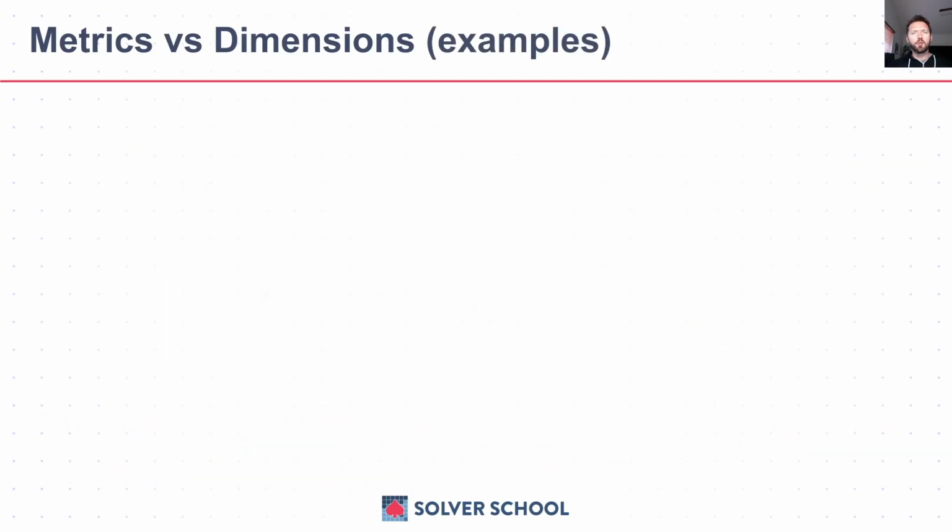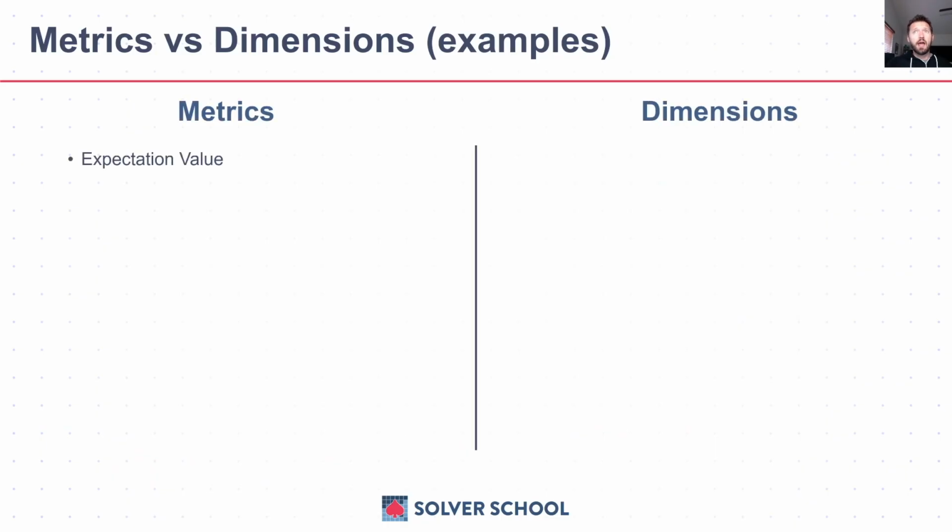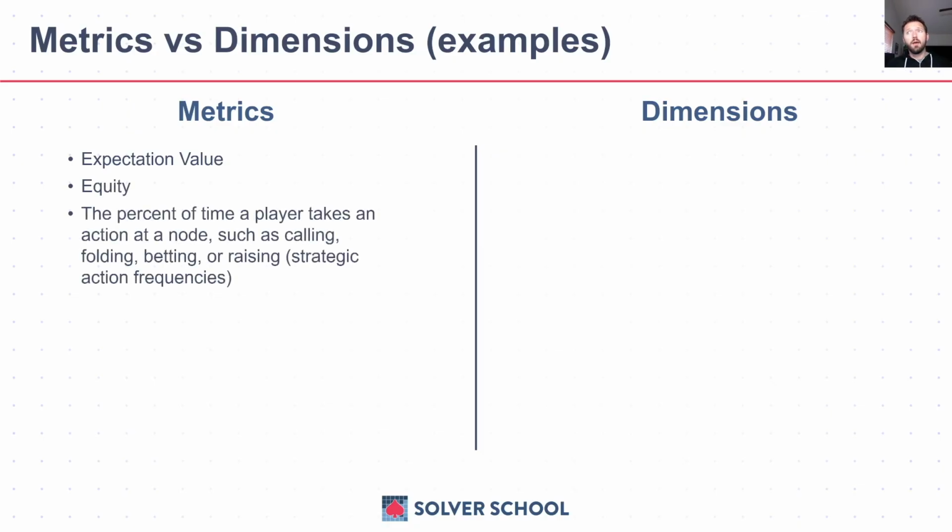Some examples of metrics and dimensions as it relates to poker. From a metric standpoint, we have things like expectation value, equity, the percent of time that a player takes an action at a node, such as calling or folding or betting or raising. So those are the strategic action frequencies.